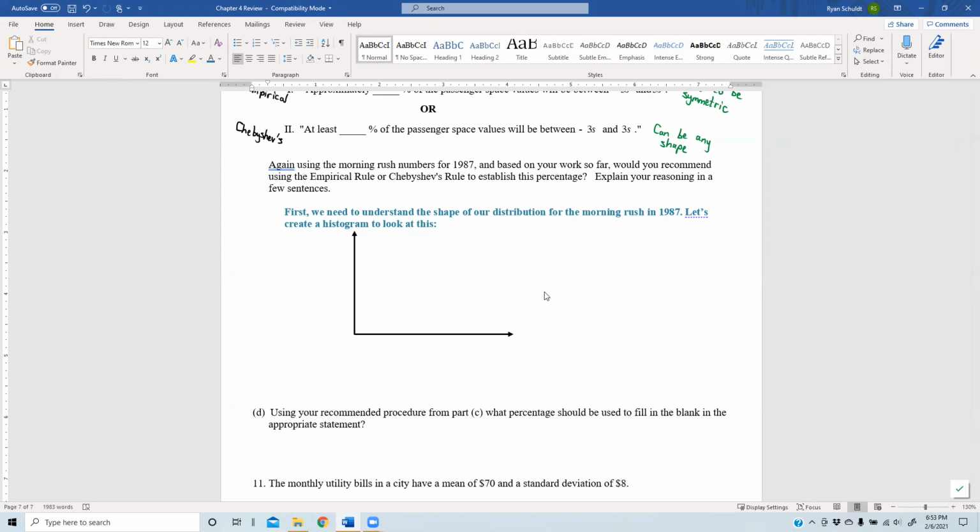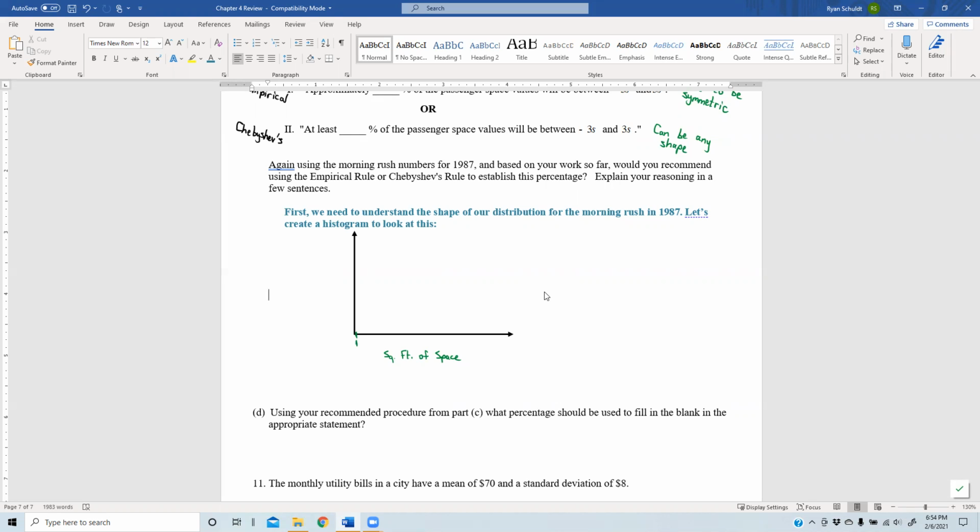Now down here we want to do square feet of space. And I'm going to start here at 1 square foot. And then I'm going to end up counting all the way up to 7. That way I can make my bins for my histogram.